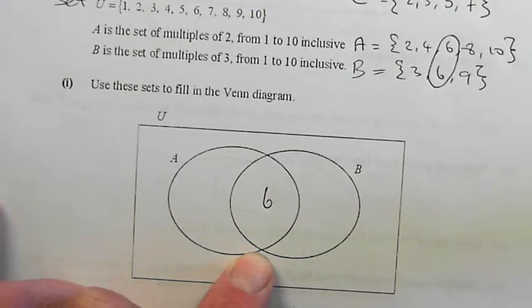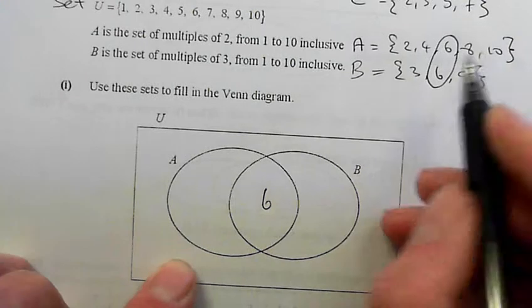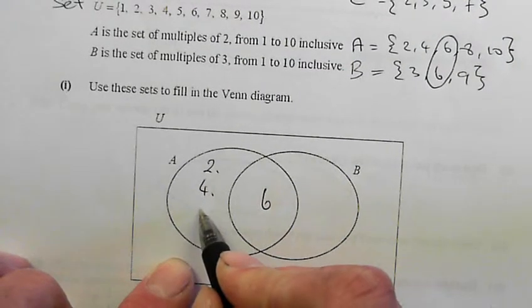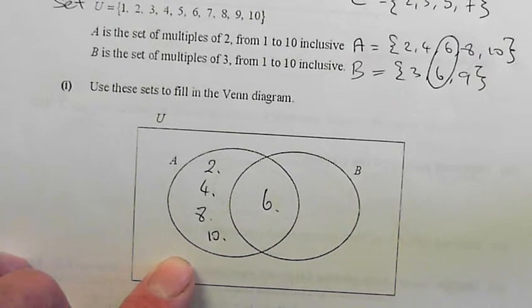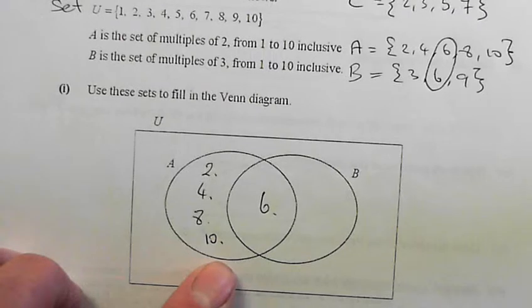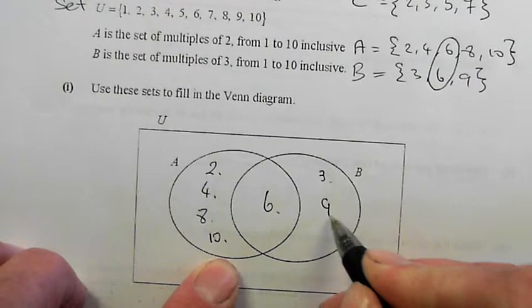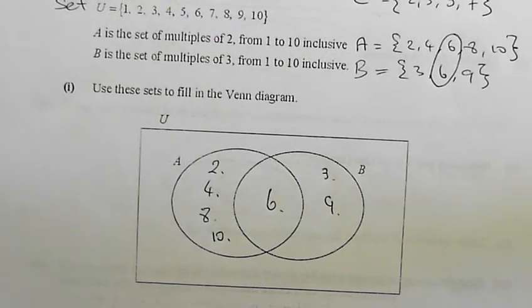So 6 goes in the middle. And we look at A and everything else goes on the left. 2, 4, dot, 8, dot, 10, dot. Put a dot, because they're elements. And 3, dot, and 9, dot. The dot shows that they're an element. Okay?